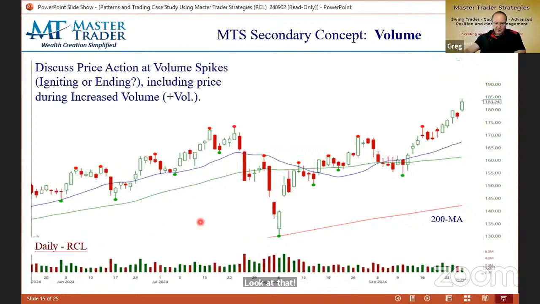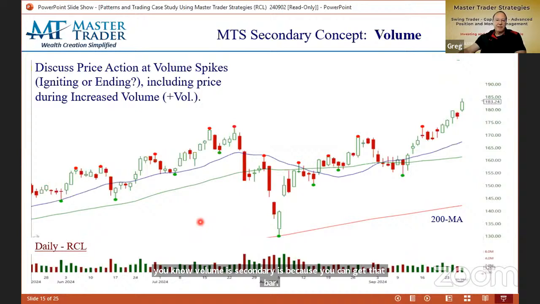It looks that way. Looks like there's volume accompanying the igniting bar, and so you might think, well, that's fantastic, I need to see volume on that bar. One of the main reasons we say volume is secondary is because you can get that bar without the big volume.